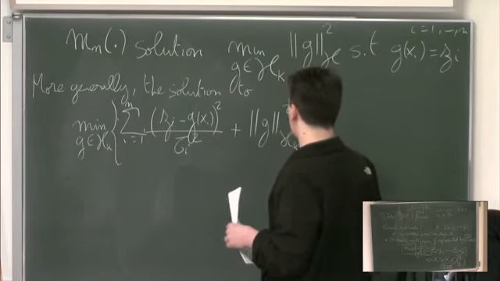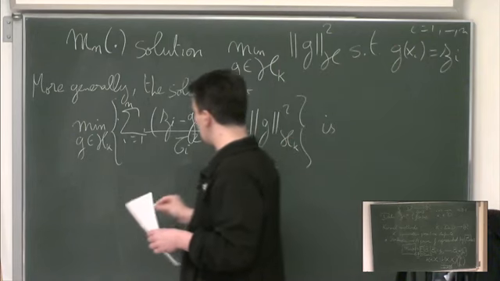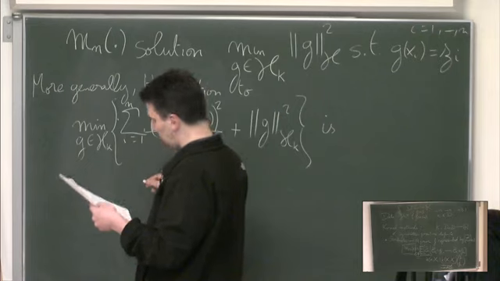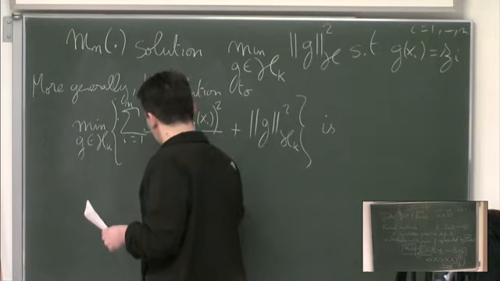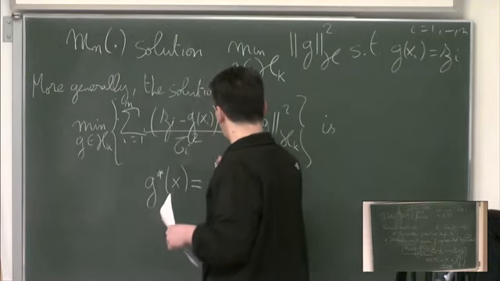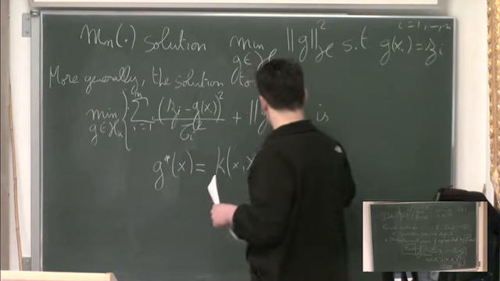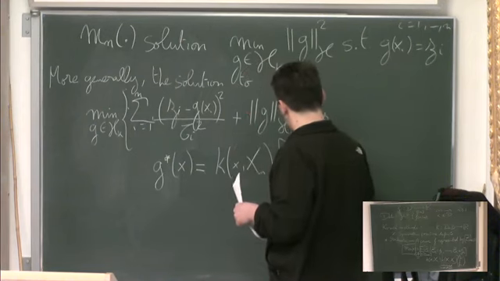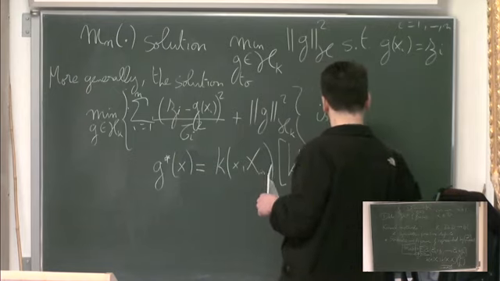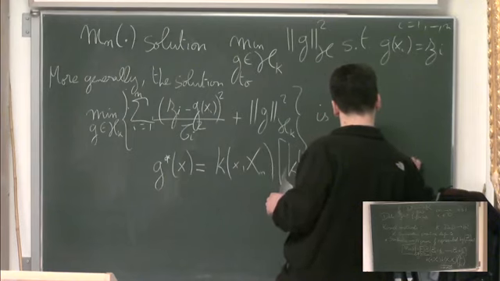So the solution to this problem, say J star of x, is my same vector as earlier times the matrix k of xn plus a diagonal matrix with coefficients tau i squared.